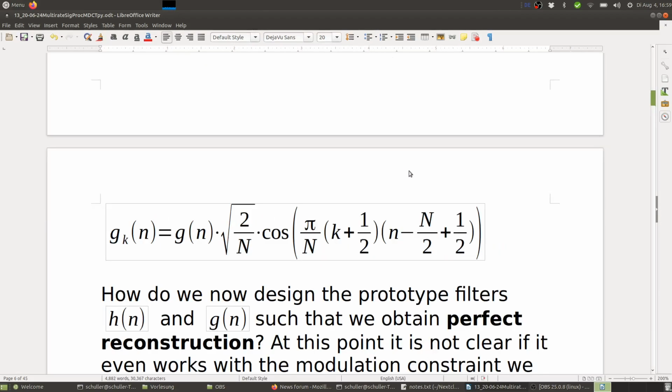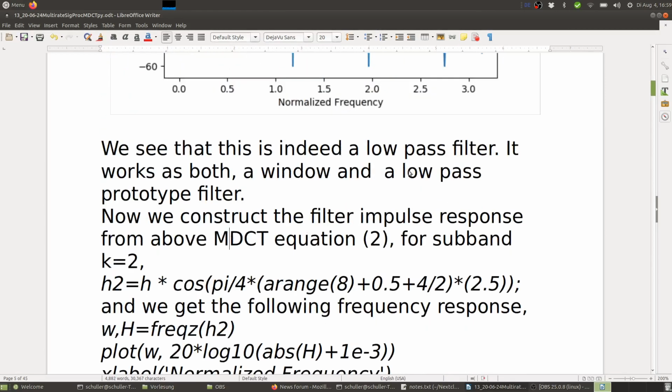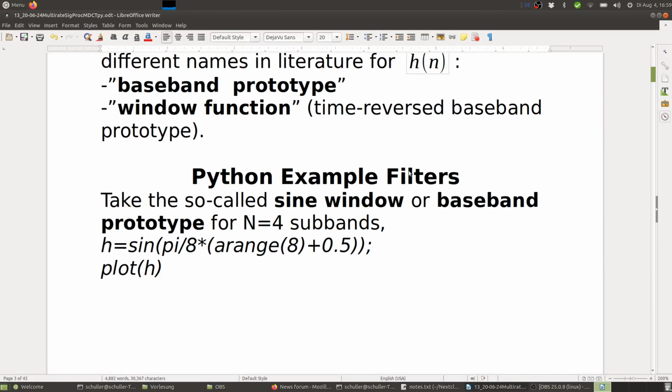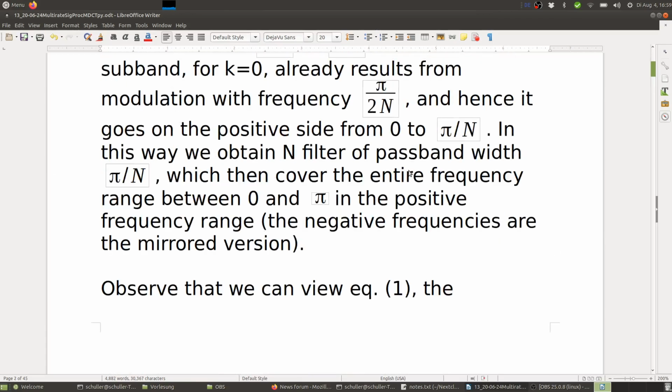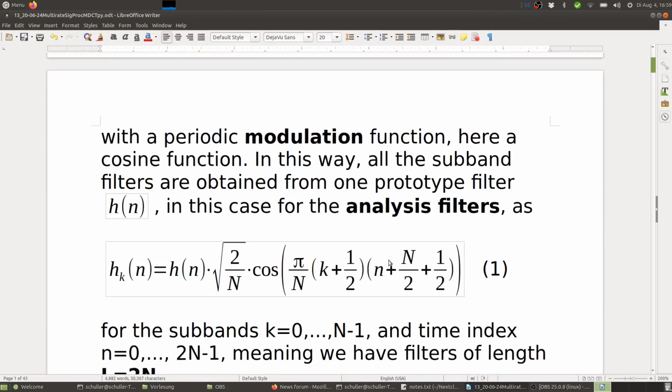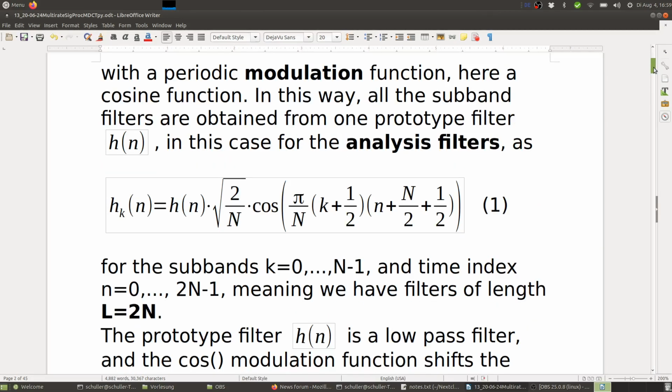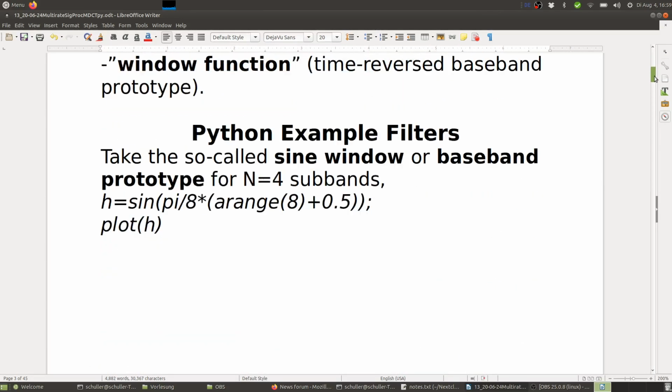You can see here it's a negative sign, and for the analysis, when we look back, where's the analysis? Here you can see it was a plus, right? And that's basically a result from having time reversed filters for the synthesis if we have a paraunitary filter bank or paraunitary polyphase matrix. Basically, the sign flipping results in flipping the impulse response.